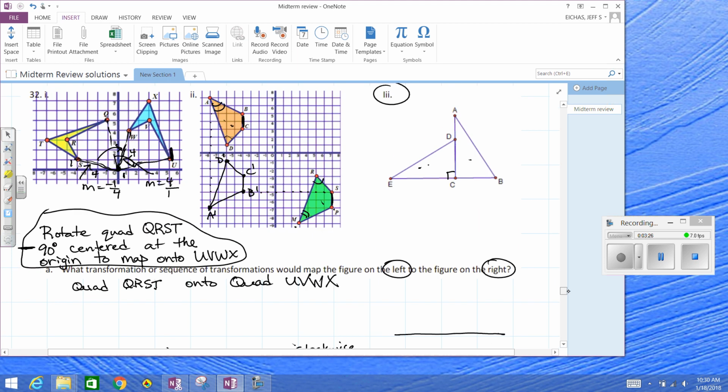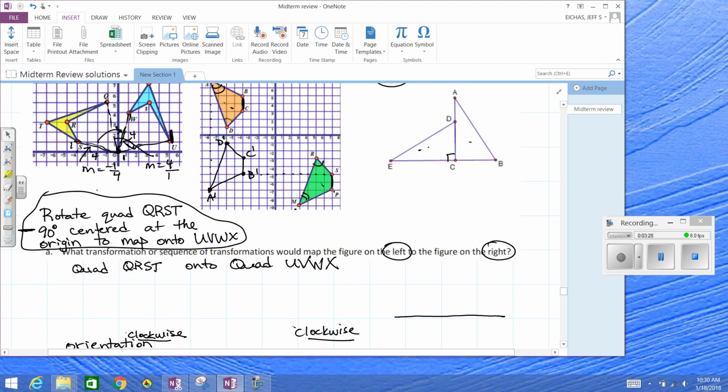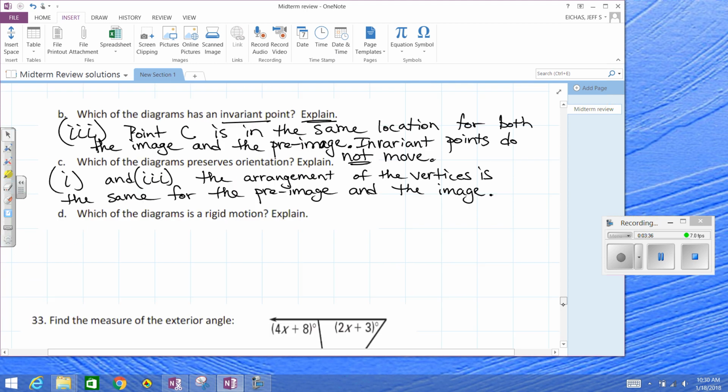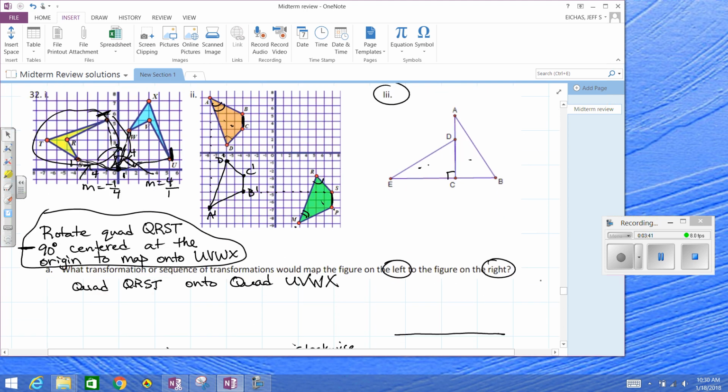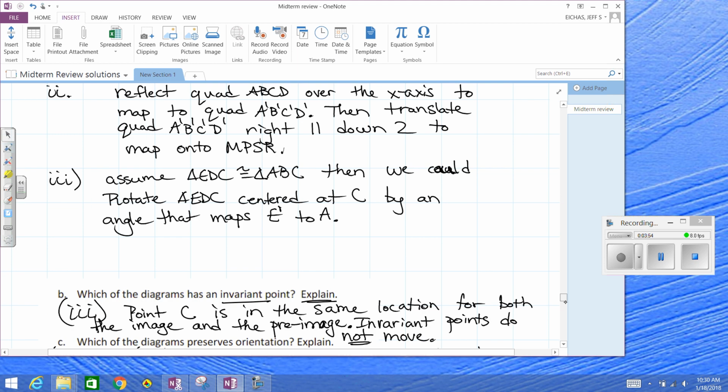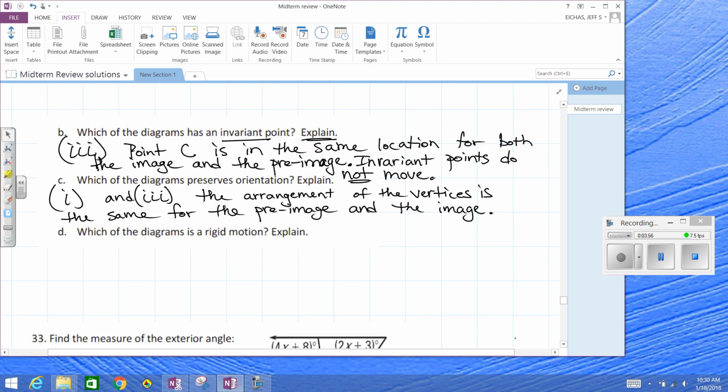Okay, what do I mean by that? For QRST, let's remember the arrangement of the letters was clockwise, and then likewise for its corresponding, right here, U V W X. So once those are the same arrangement, we're all set.